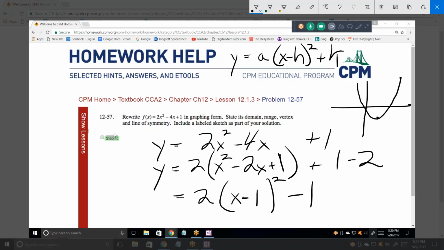Negative infinity to infinity. Okay, what's its range? Negative 1 to infinity. Parentheses or bracket? Brackets. Where's the vertex? You gave me the vertex already. Where's the line of symmetry? X equals 1. Right there. And that's all we need. Okay, good.